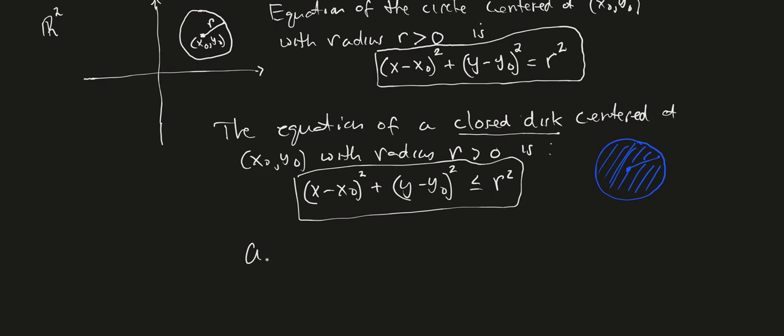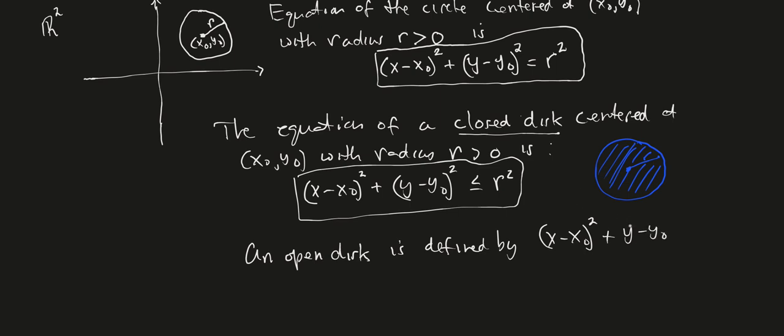So an open disk with the same center and radius is defined by just removing the equal sign now and then it's x minus x0 squared plus y minus y0 squared, and then that's strictly less than r squared.